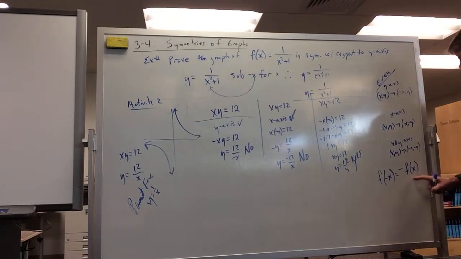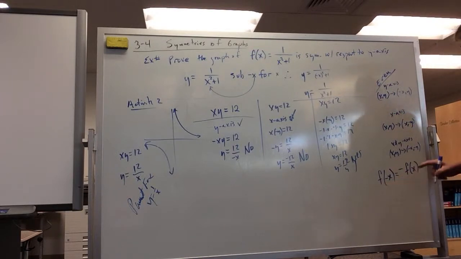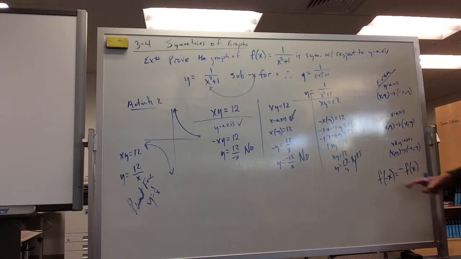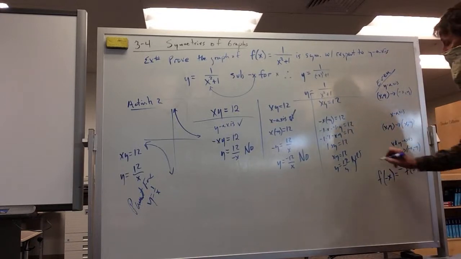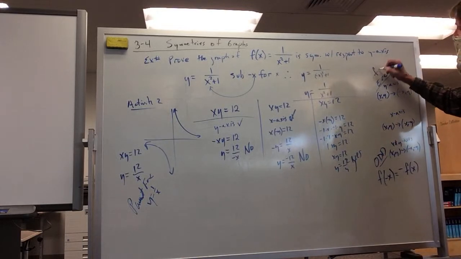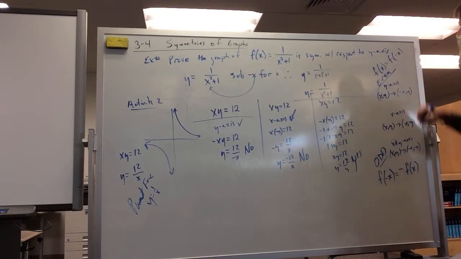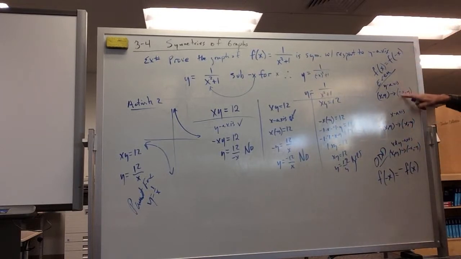The function of the opposite of x is equal to the opposite of the function of x. This is odd. For an even function, the function of x is equal to the function of the opposite of x. You plug in negative x, you get the same thing as if you plug in x.